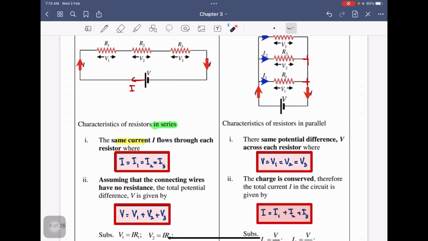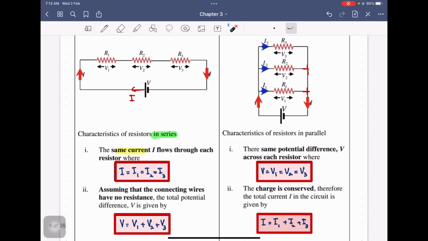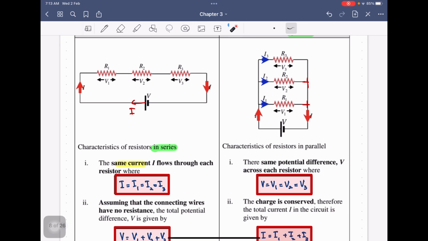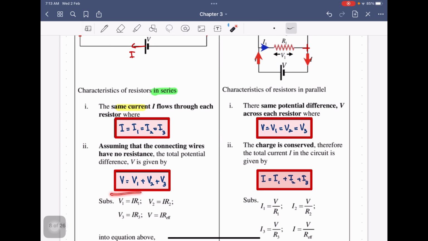Okay, assuming that the connecting wire have no resistance, so apa akan berlaku pada total potential difference? Total potential difference di sini adalah sama dengan hasil tambah V across R1, V across R2, V across R3. So kita boleh kata kriteria yang kedua adalah voltage tak sama kalau kita ada gabungan secara sesiri. So V total sama dengan V1 plus V2 plus V3.